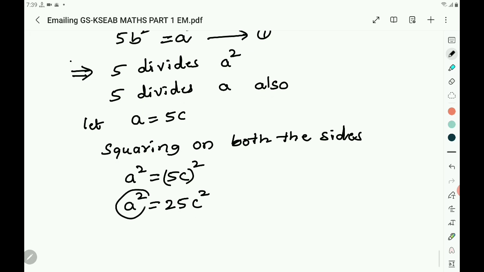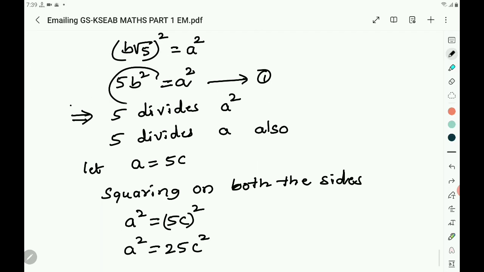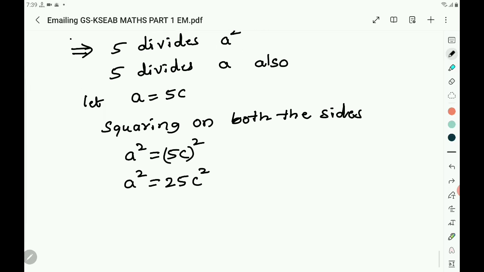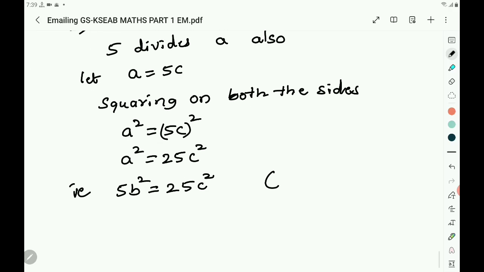Then in the place of a square, you write 5b square. That is 5b square equals 25c square, from the first result. Then 5 ones are 5, 5 fives are 25, you get b square equals 5c square.